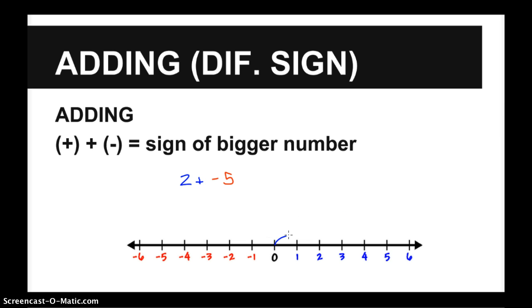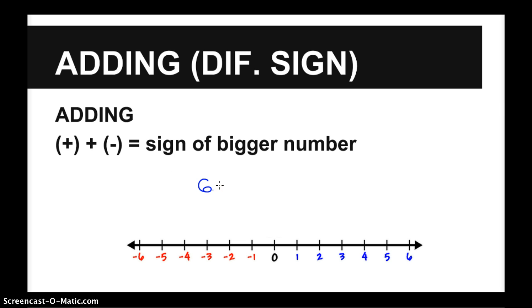Positive 2, 1, 2, plus a negative 5, 1, 2, 3, 4, 5, gives us a negative 3. So find the difference between 2 and 5, and I take the sign of the bigger number.